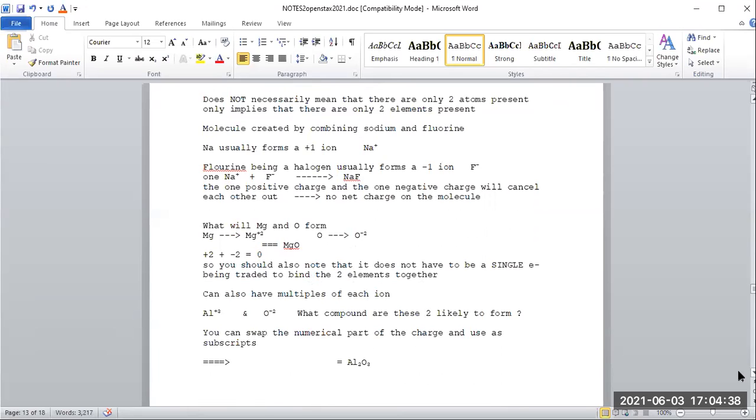It likes to be +2. Oxygen's the column that likes to be -2. So if you stick one of each together, again, you have no leftovers. You have MgO. That means you have one atom of each element and no charges left over.